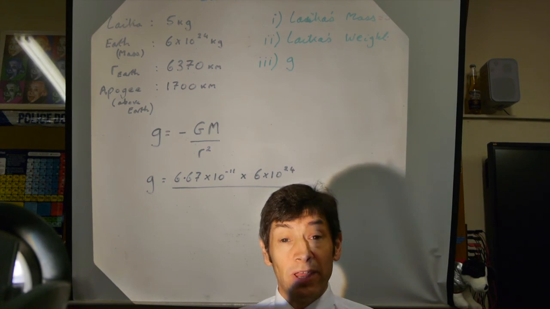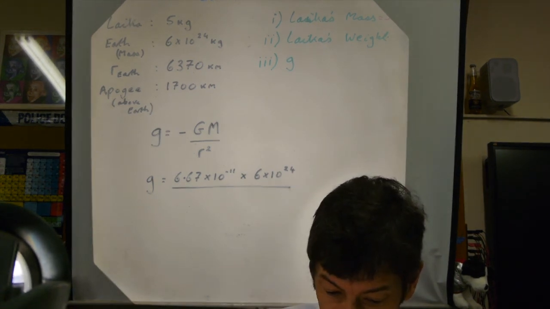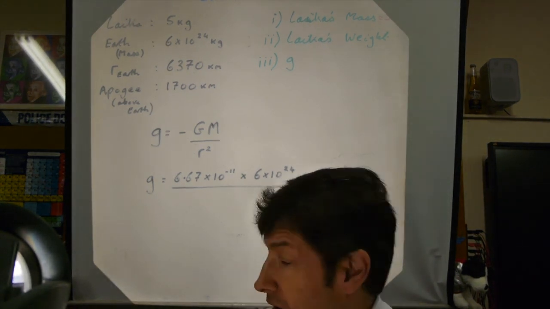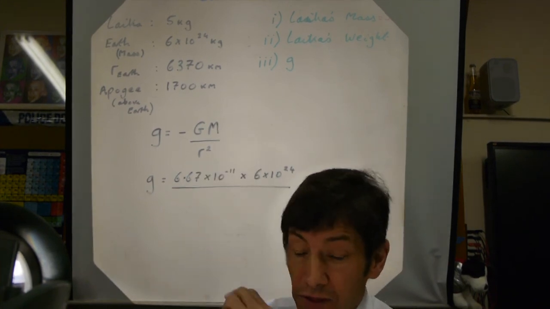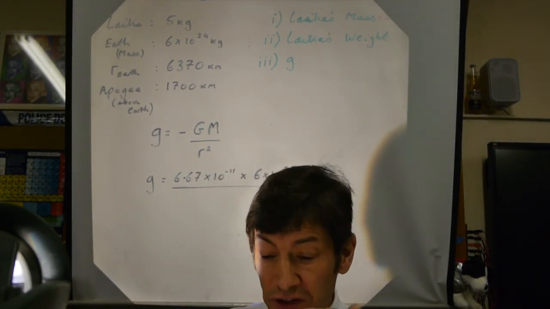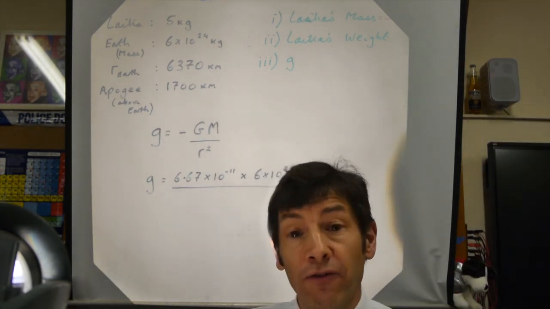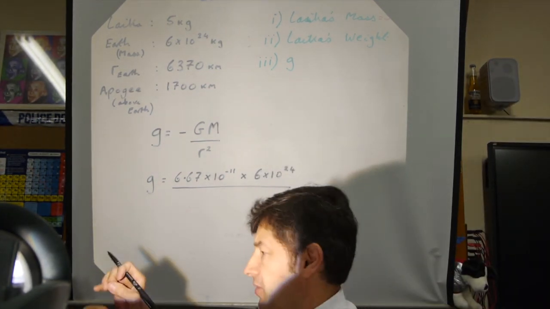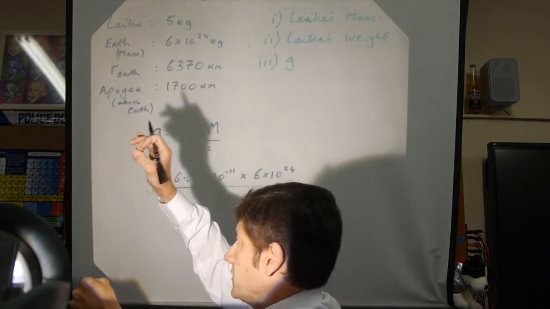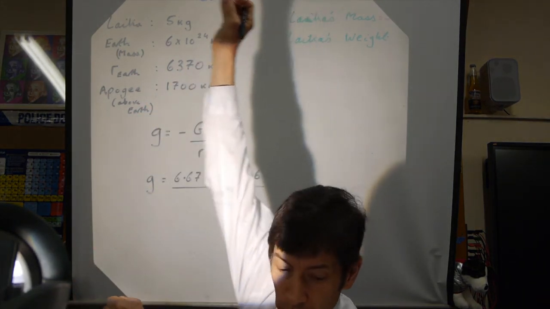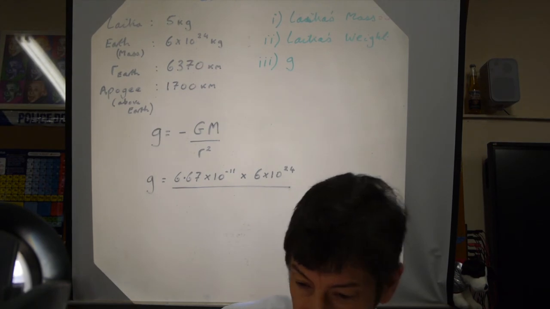now it's here you really need to switch on, because it's the first time you've seen this. We are above the Earth's centre, on the surface of the Earth, and then out in space. So how far are we away from the centre of the Earth? We've gone from the centre of the Earth to the surface, to the apogee of the orbit, so we've got to add those two distances.